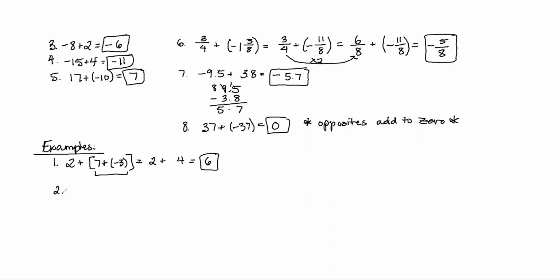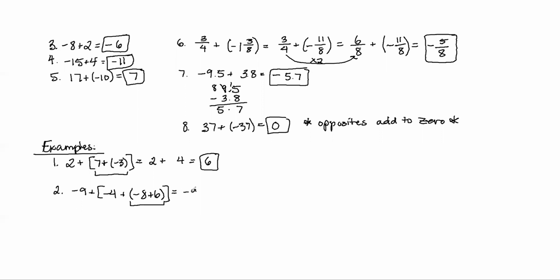All right, let's go ahead and try a couple more of these. Let's do negative 9 plus bracket negative 4 plus parentheses negative 8 plus 6 end parentheses and brackets. Now we want to work from the inside out. So keep everything else the same.